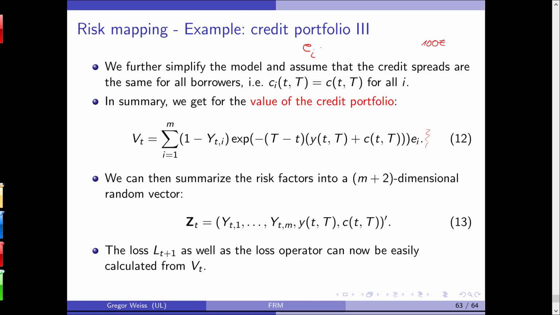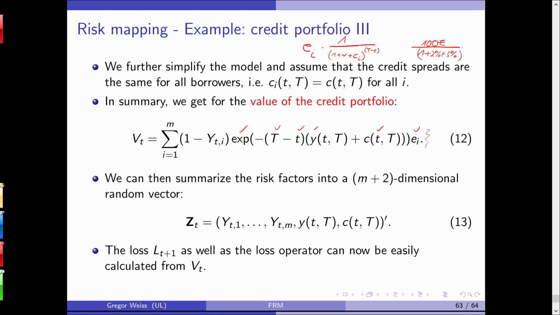So we would simply write times 1 plus R. Now R is the risk-free interest rate, so we need to add CI. So let's assume 1 plus 2% plus 3%. Now remember, we need the maturity, so we have T minus t.